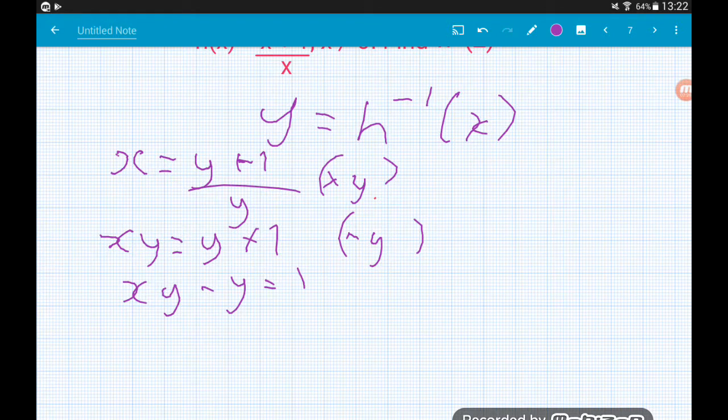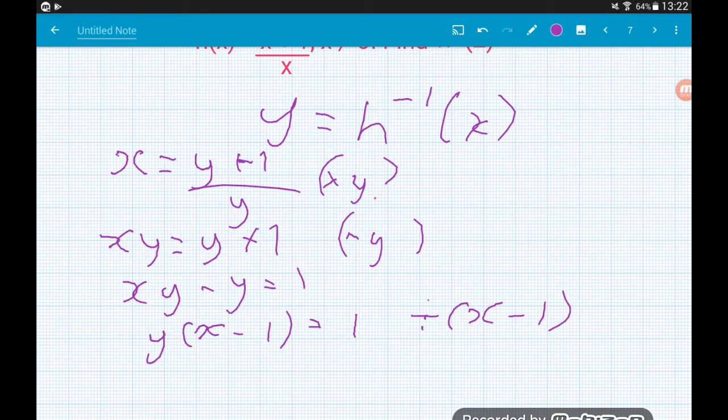We've got a common factor of y here over on the left. So we can say that's equal to y lots of x minus 1. And then that's all equal to 1. And then finally we can divide by the x minus 1. And that will give us y is equal to 1 over x minus 1.